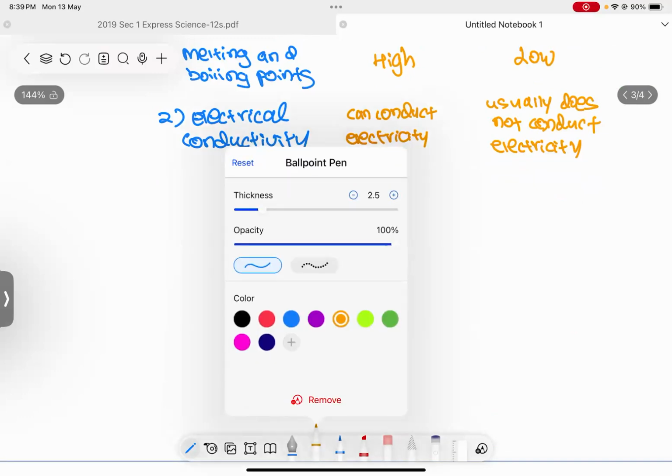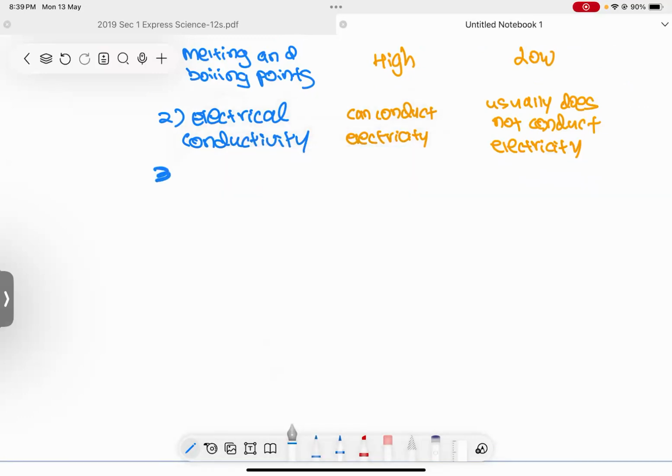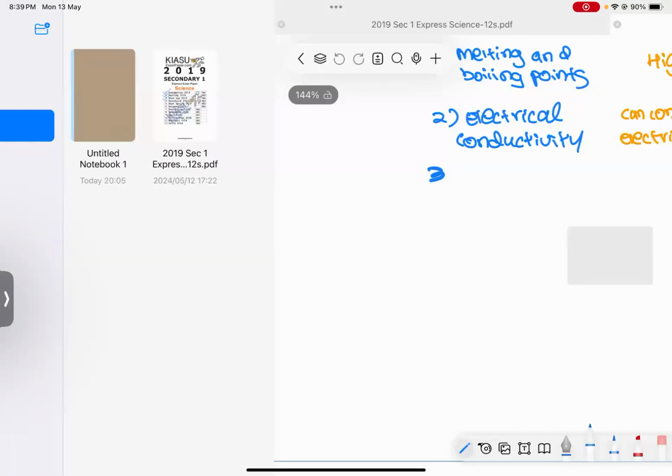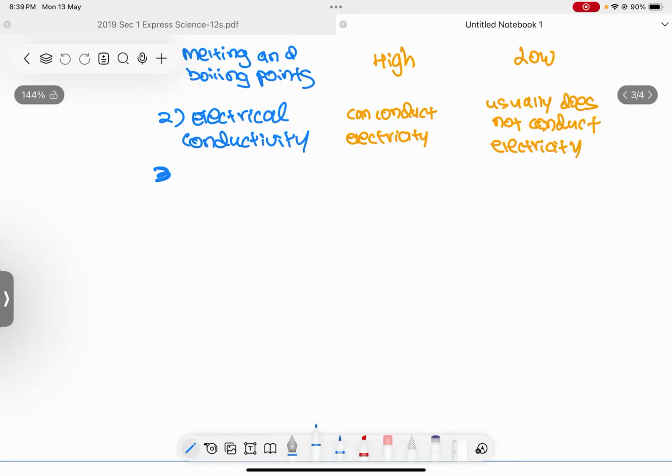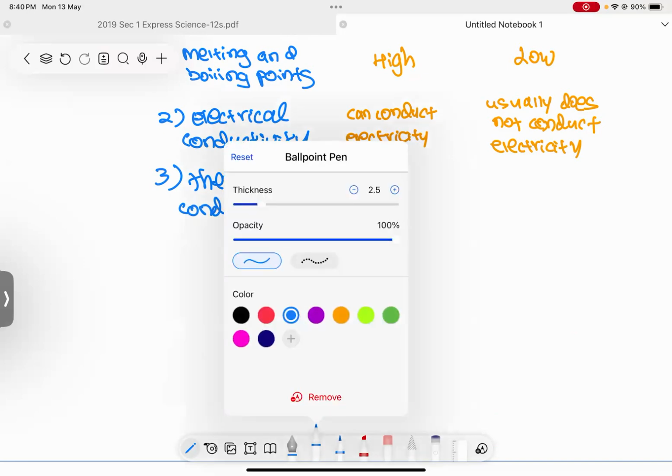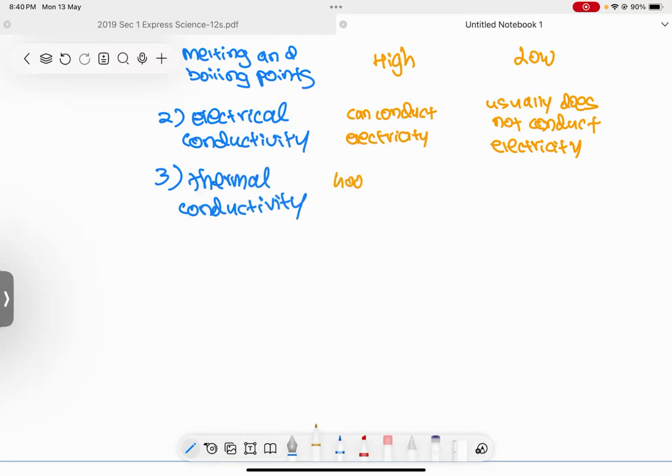Then next we have thermal conductivity. So metals are good thermal conductors, while non-metals are poor thermal conductors.